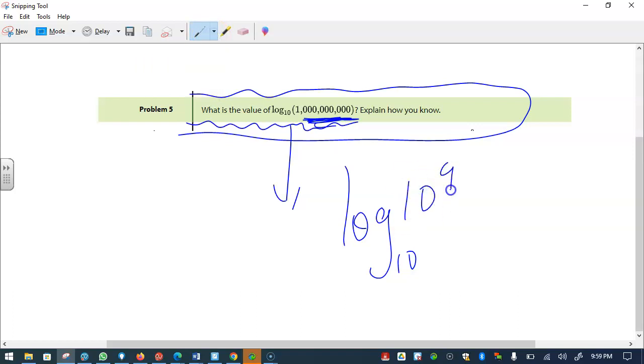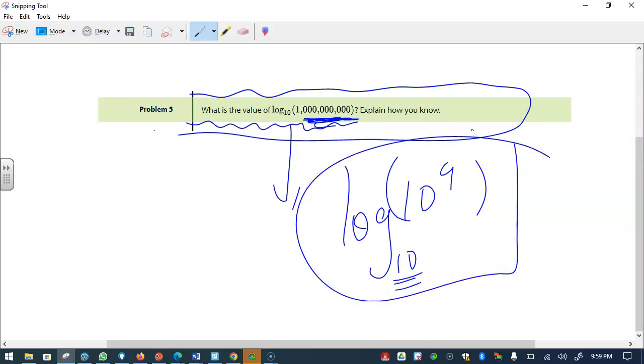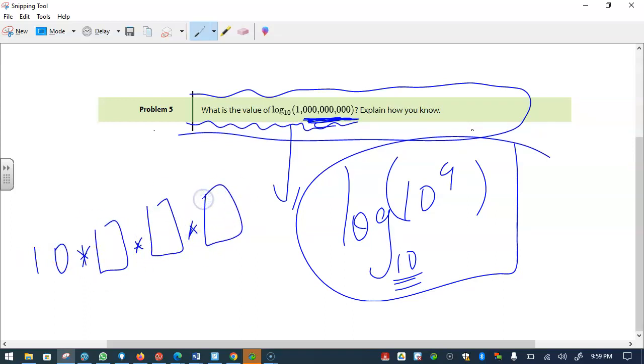So the question is, how many tens do I multiply? What does logarithm mean? How many times do we multiply the same number to get all the way to 1 billion?